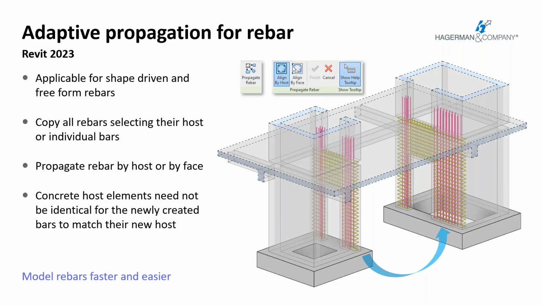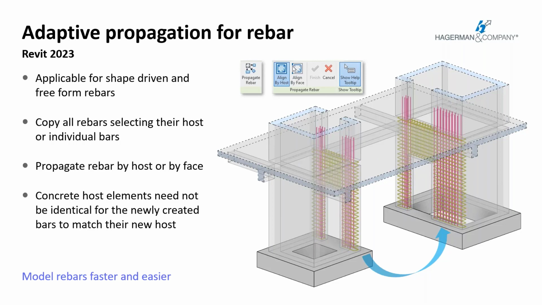Concrete host elements need not be identical for the newly created bars to match their new host. That's the power of adaptive propagation. To use this feature, simply select a concrete element that hosts rebar and click the Propagate Rebar command. Next, choose the alignment method by host or by face. The rebars are aligned based on the original destination faces.